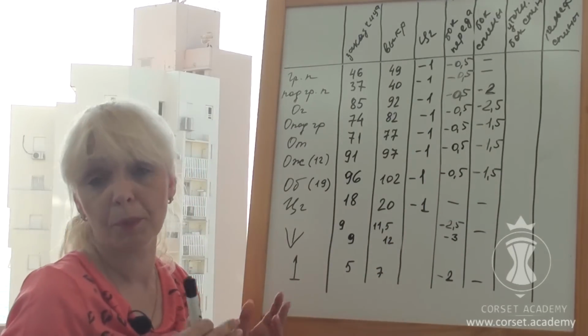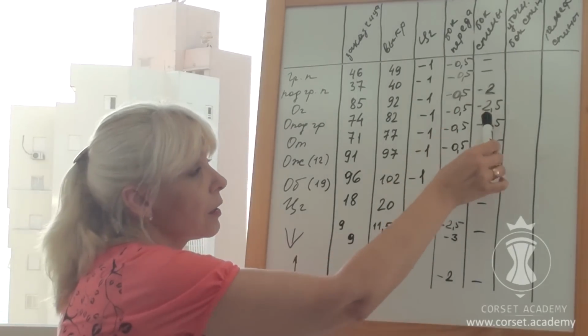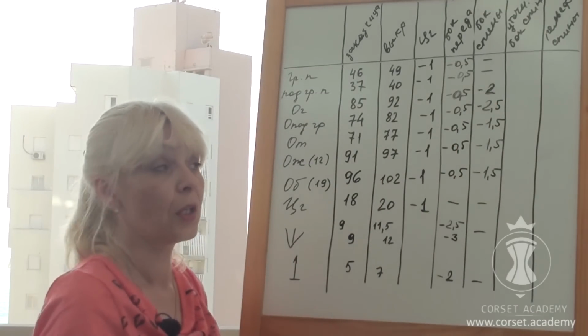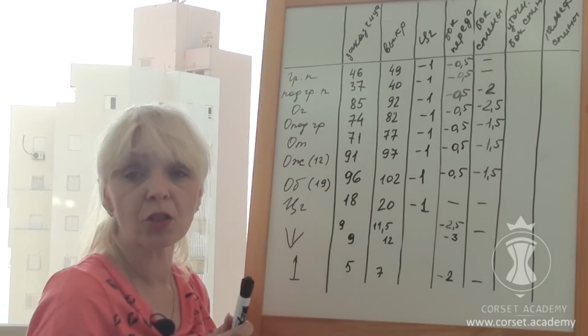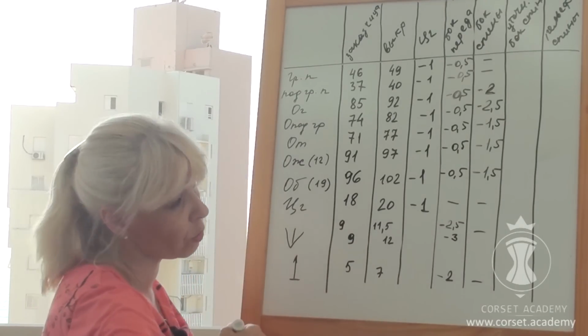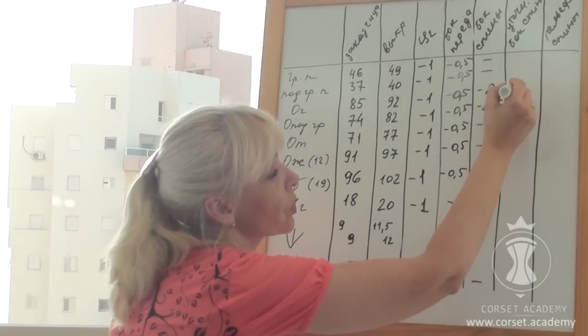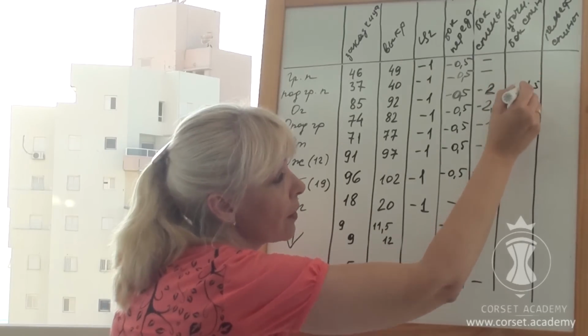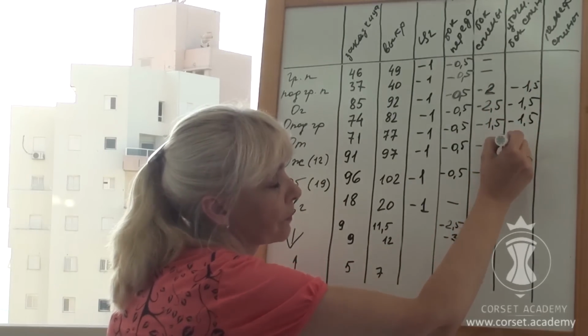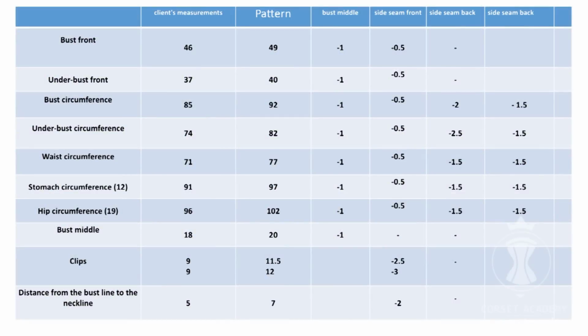I believe it makes sense to adopt the value of negative 1.5 centimeters because the side seam of the back is supposed to be shifted inwards by this value in the waist, the stomach, and the hips. Let us adopt negative 1.5 centimeters as our fixed adjustment value for the entire side seam of the back. I write negative 1.5 centimeters in line 7 of column 6.